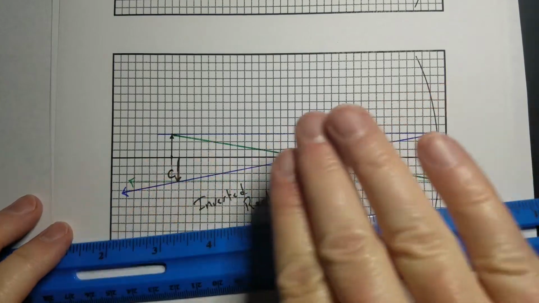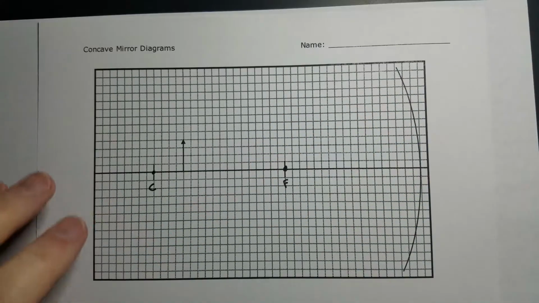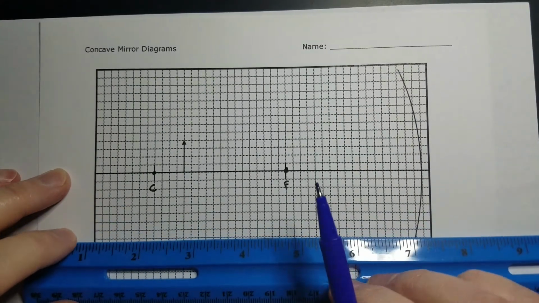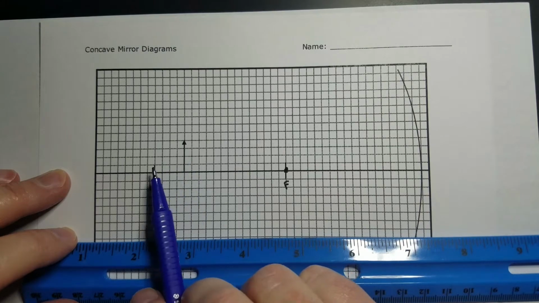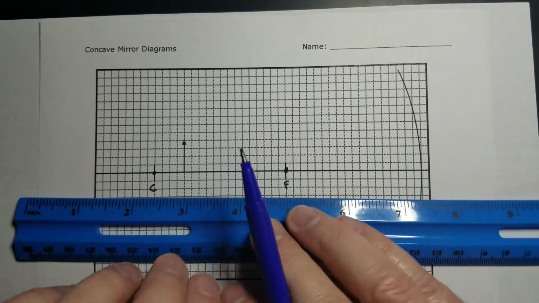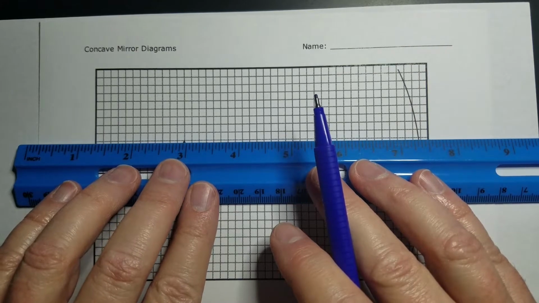Let's see as we progressively move that object in. So now we've moved the object inside C. So now the object is in between C and F. And we're going to repeat our parallel focal point.